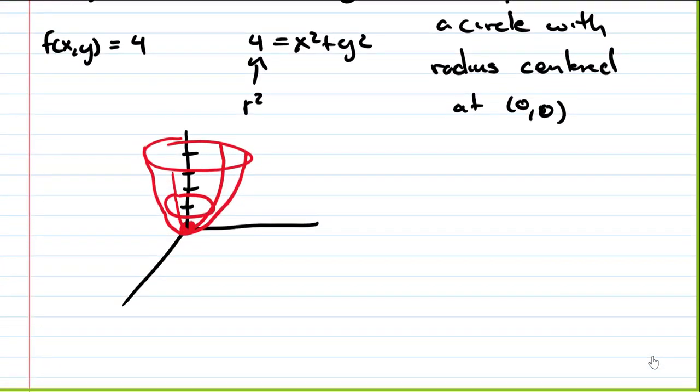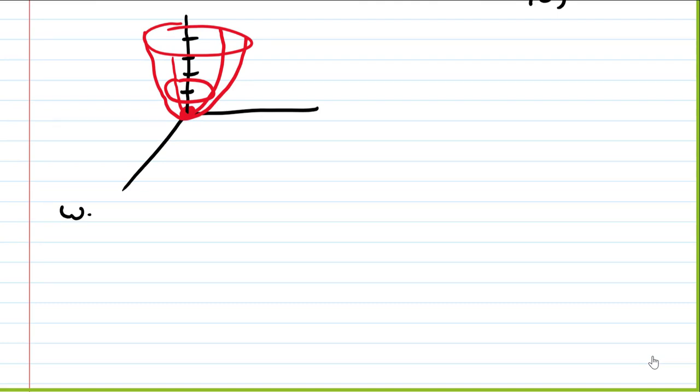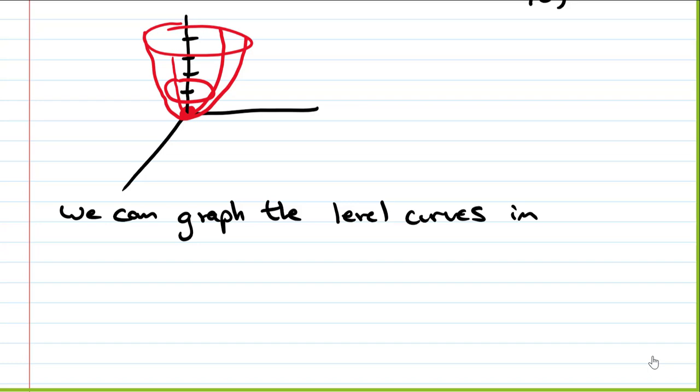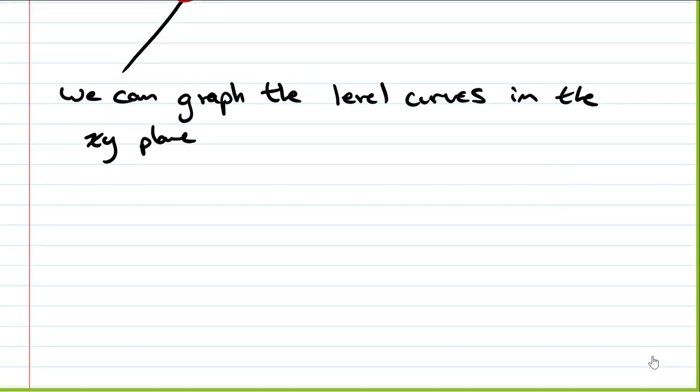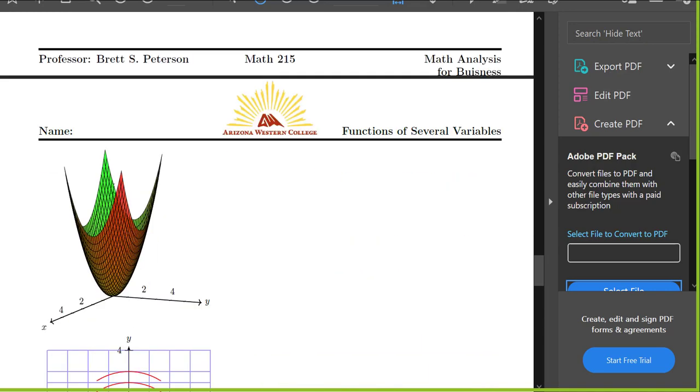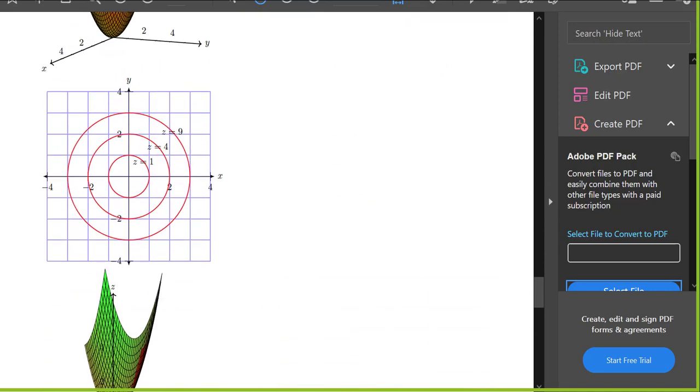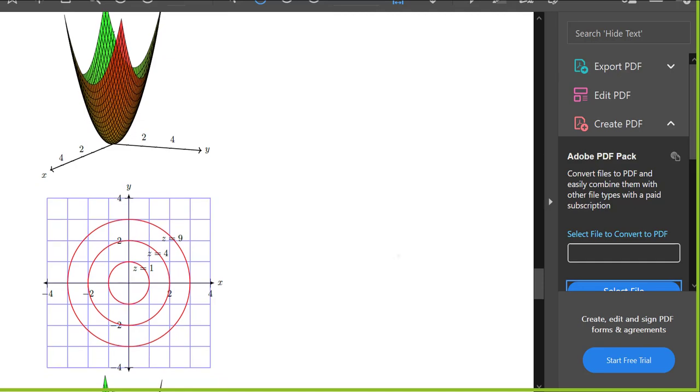So we were talking about these level curves that we were having. We could also graph the level curves in the xy plane. And if we were to do that, we would get something that looks like this.